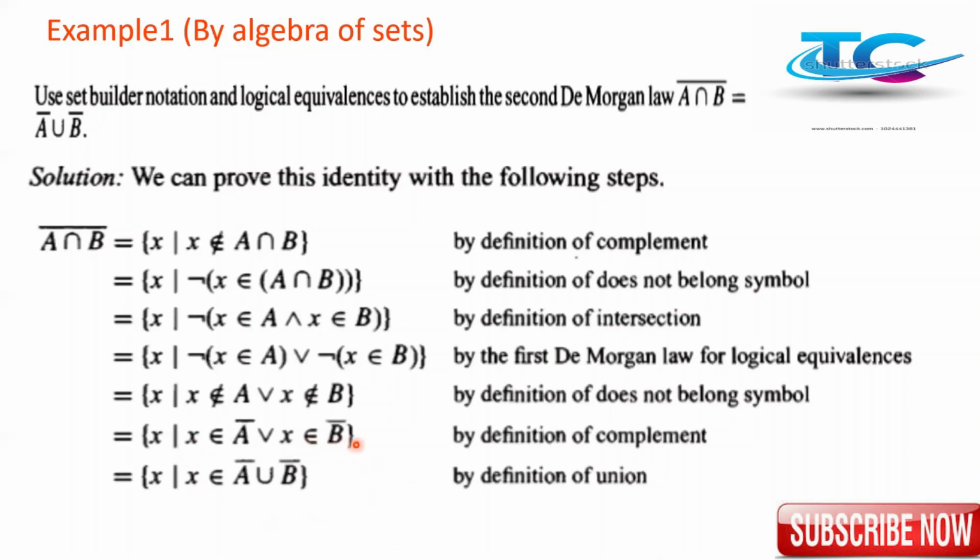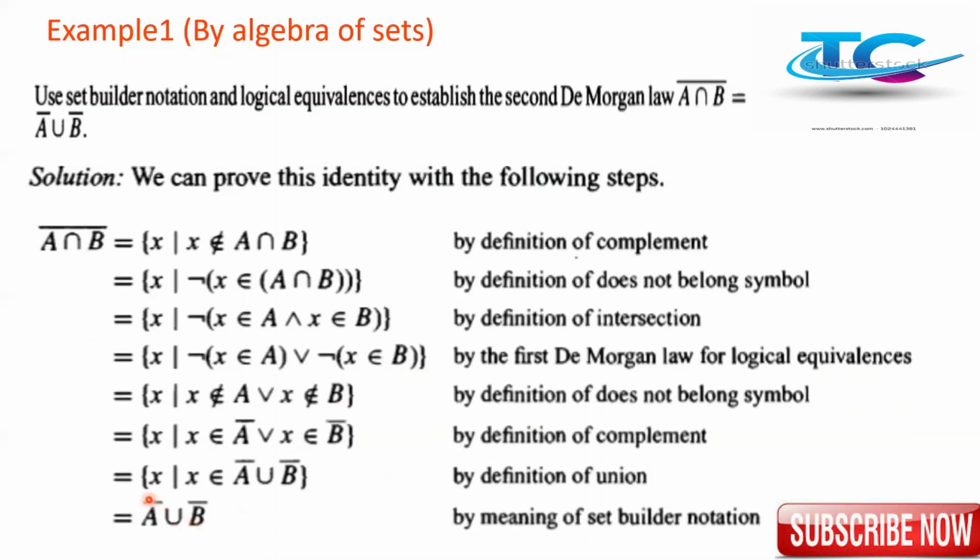Then by definition of union, we can say X belongs to A bar union B bar, because it is written X is an element of A bar or X is an element of B bar. That means X is an element of A bar union B bar.